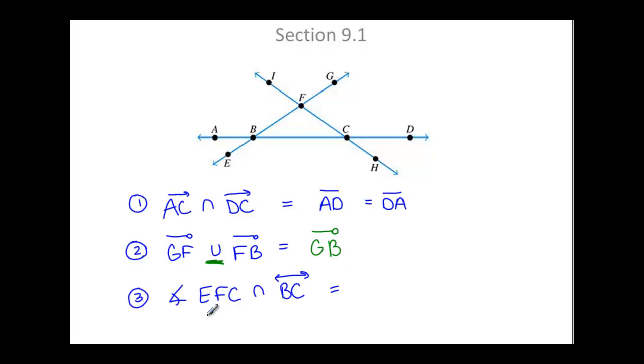Example 3, we're going to intersect angle EFC with line BC. Angle EFC has a vertex at point F, and that angle is made up of rays FE and FC.